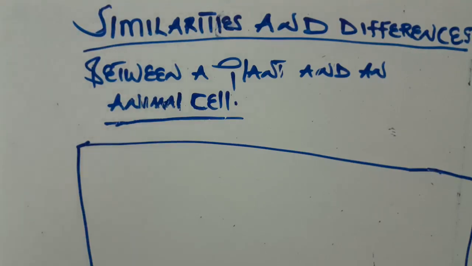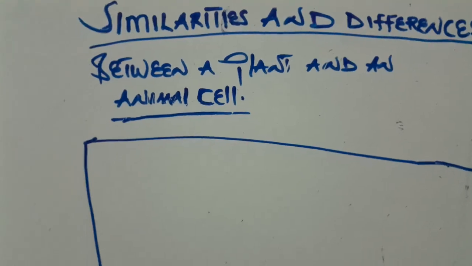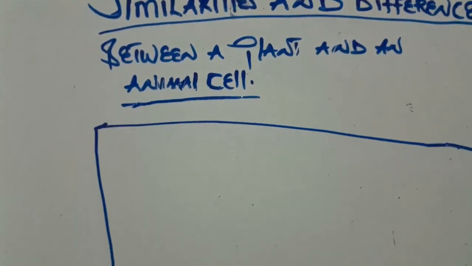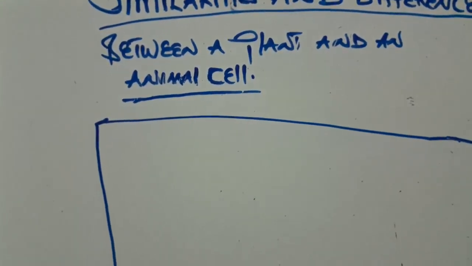Some of the parts that were in an animal cell were also in a plant cell. So there was a correlation, a similarity. So we are going first to talk about the similarities between a plant cell and an animal cell.